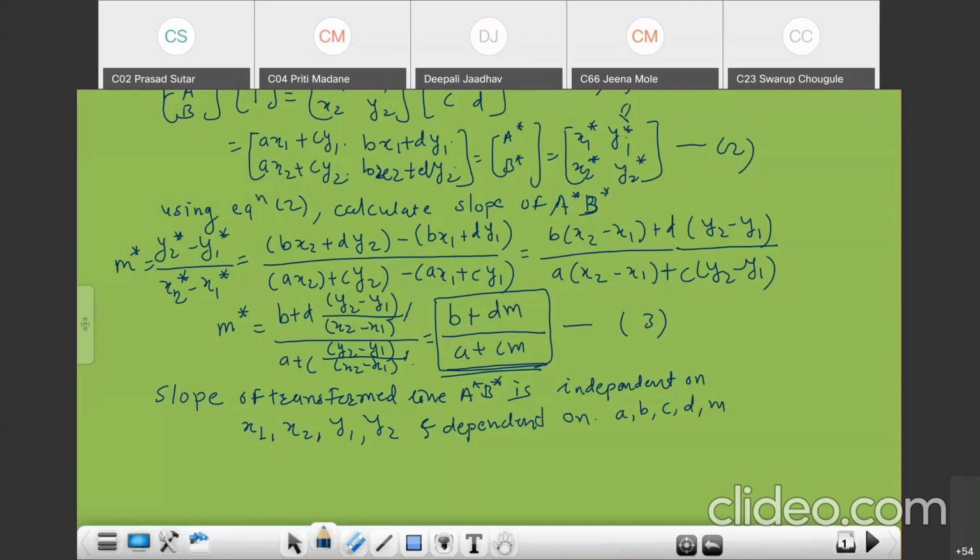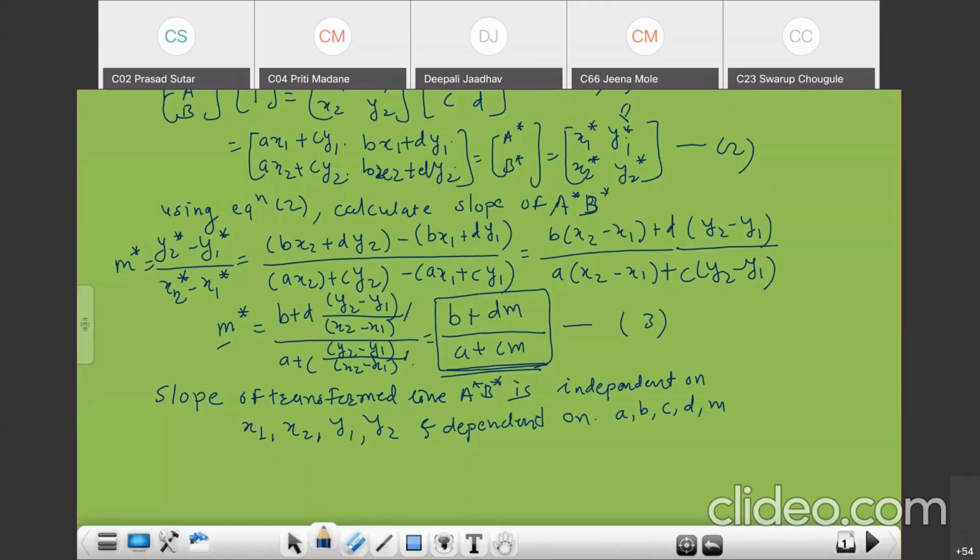Correct? Once again I am repeating: the slope of the transformed line, that is m star, is independent of x1, x2, y1, y2 but dependent on a, b, c, d, m.